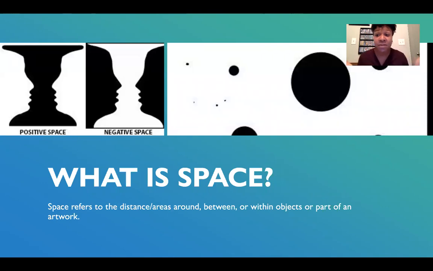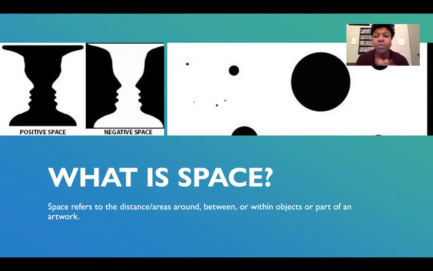Okay, so I want you to take a look at the images that you see in front of you. And I want you to ask yourself, what is space? When you hear the word space, how would you describe it? The way that space is described is that it is referring to the distance and the areas and things in between and all around a particular object.